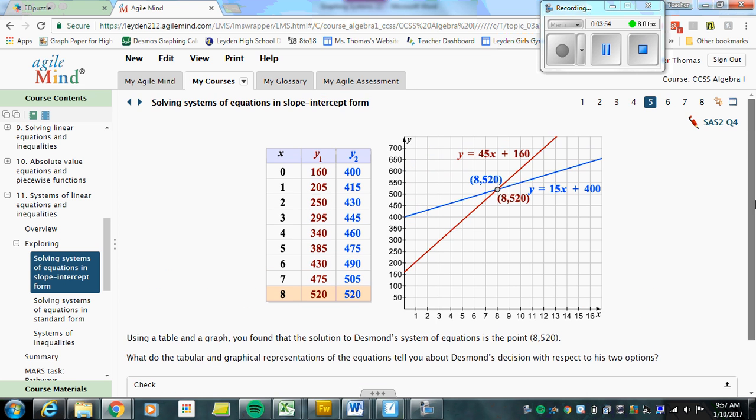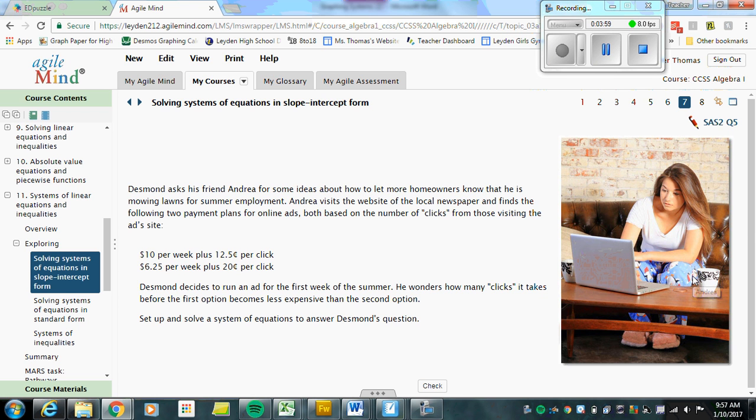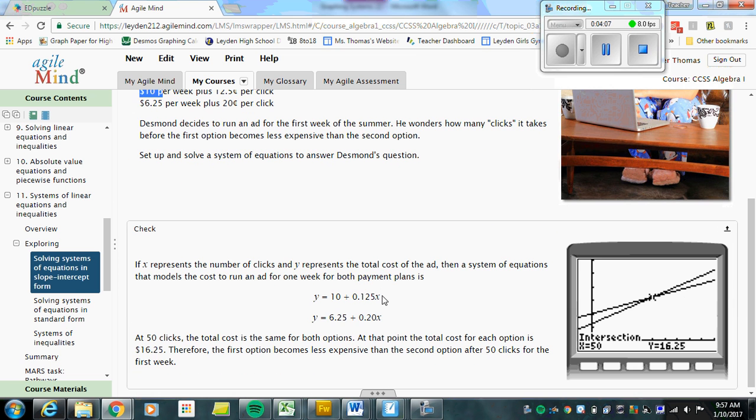Skip slide 6 and go to slide 7. The two options: option 1, $10 per week plus 0.125 cents per click. Option 2, $6.25 per week plus 0.2 per click.